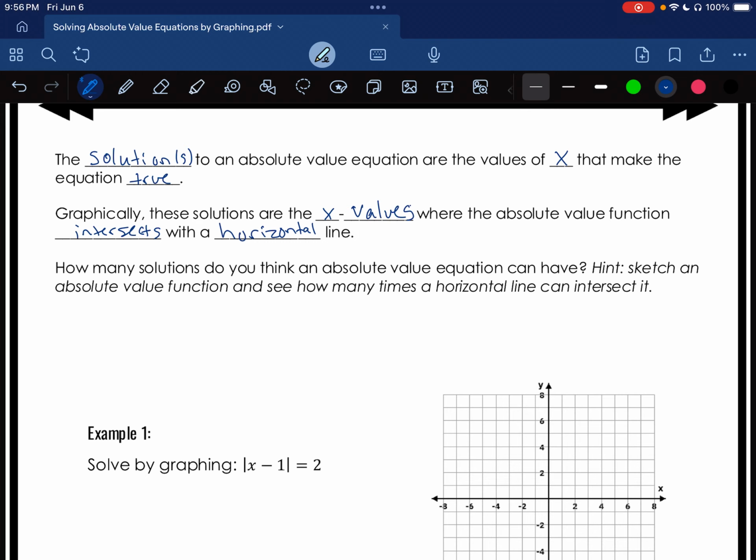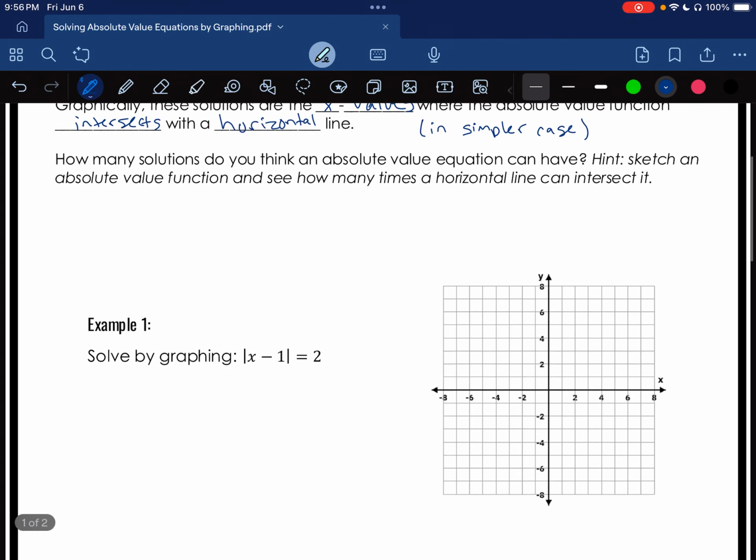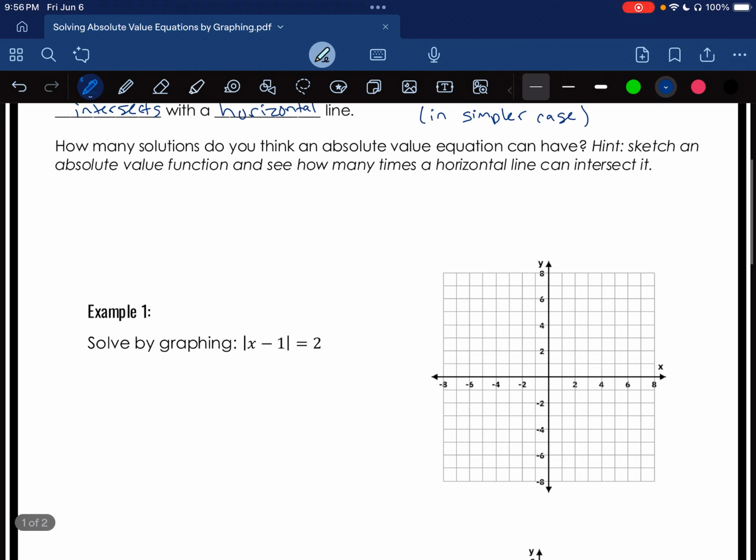And this, of course, is in simpler cases. It could be that we have not a horizontal line, but a linear function, like a diagonal line crossing our graph as well. So let's see, though, in these simpler cases, what can happen here.